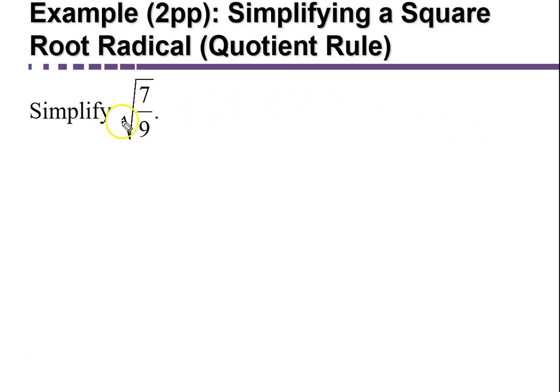So now we have this that we are asked to simplify. This is, write this in your notes, example 2 PP as a reference. So we can take it the square root of 7 over the square root of 9.